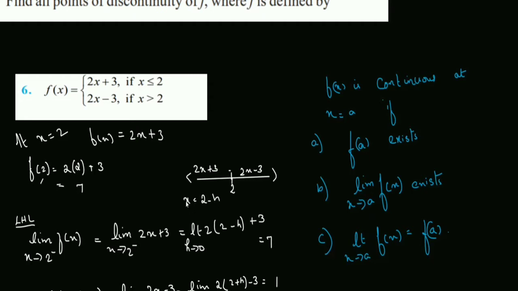Then when x approaches 2, h tends to 0. Replace x by 2 minus h, plus 3. So when you put h equal to 0, it will become 2 into 2, 4 plus 3, 7. So the left hand limit is equal to 7.